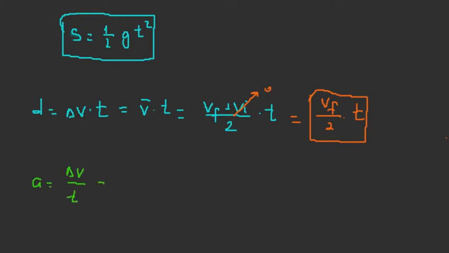The change in velocity is v final minus v initial, divided by t, and because it's from rest, the initial velocity is 0, so acceleration is equal to v final divided by t. We can take v final out and write v final is equal to a times t.